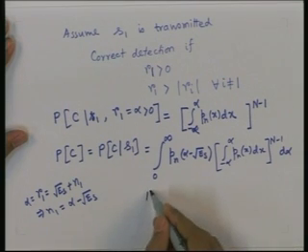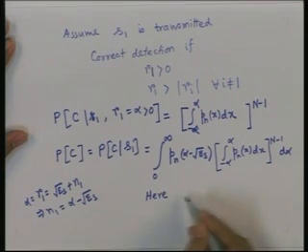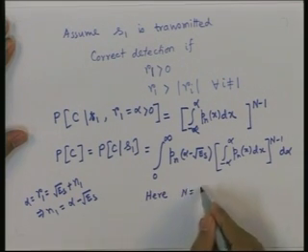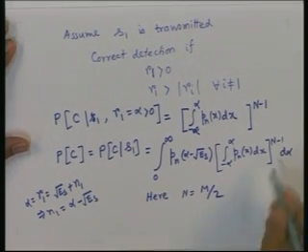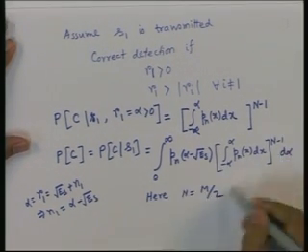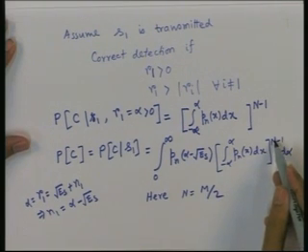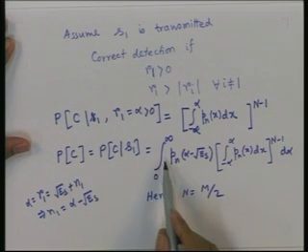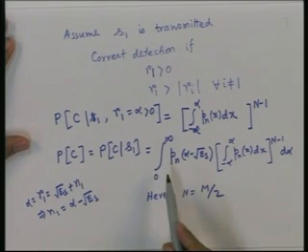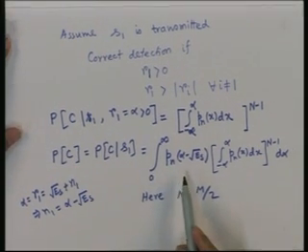Now, here this n is M by 2. So, if we want to write it in terms of M, then we have to write this as M by 2. So, here also the probability of correct detection is written as an integration, and this is not so easy to compute.